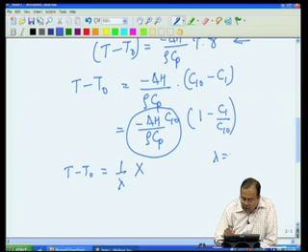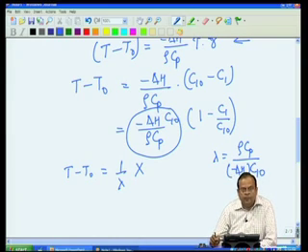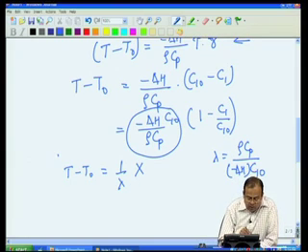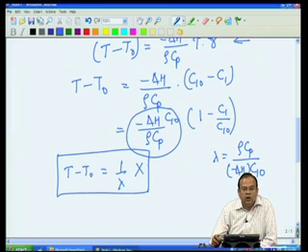Our lambda, as we have defined, is rho Cp divided by minus delta H into C10. Okay. So, this is our relationship between temperature and conversion for an adiabatic reactor, for a single reaction taking place in an adiabatic reactor.